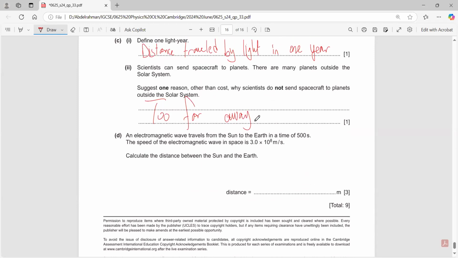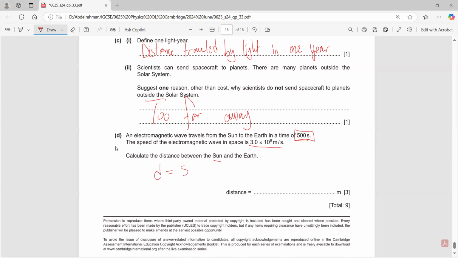An electromagnetic wave travels from the sun to the earth in a time of 500 seconds. So this is basically sent from the sun. The time taken to travel from the sun to the earth is 500 seconds. The speed is 3 times 10 to the power of 8 meters per second. Can I find the distance? Yes, speed equals distance over time, so distance equals speed times time.